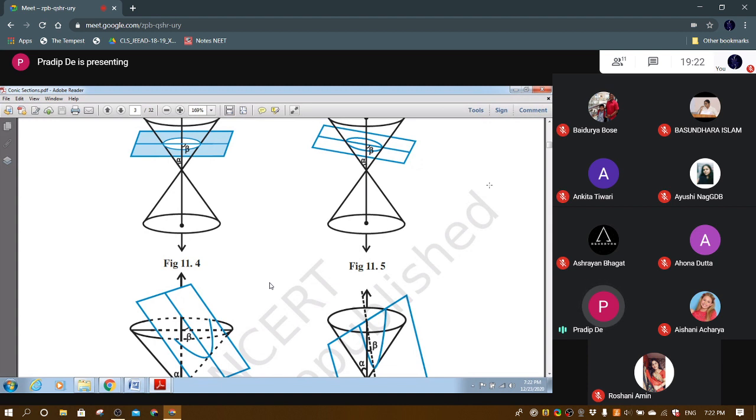When beta is equal to alpha and the plane is passing through the vertex, what do you get? Straight line. Yes, sir. And that is a degenerated case of a parabola. Okay, beta is less than alpha and the plane is passing through the vertex. What do you get?